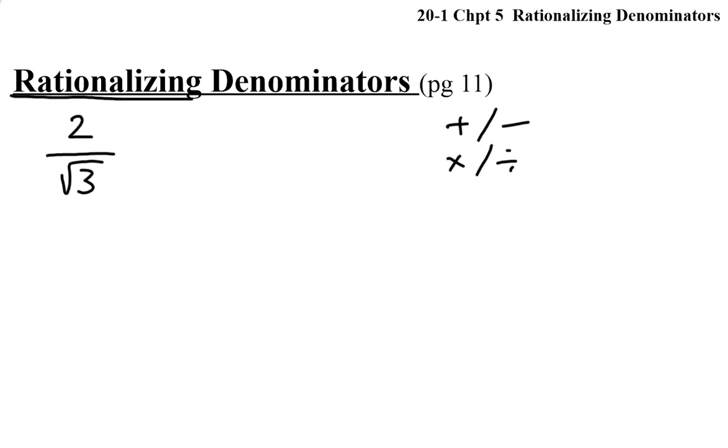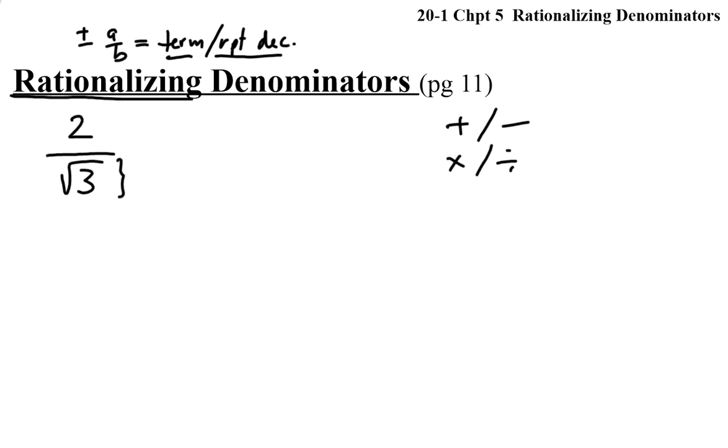It's not considered acceptable. So rationalizing a denominator, if you recall, a rational number is a positive or negative fraction, and a fraction means you have a terminating or a repeating decimal. So that's what a rational is. Well, if I have 2 over root 3, root 3 is not a terminating or repeating decimal.